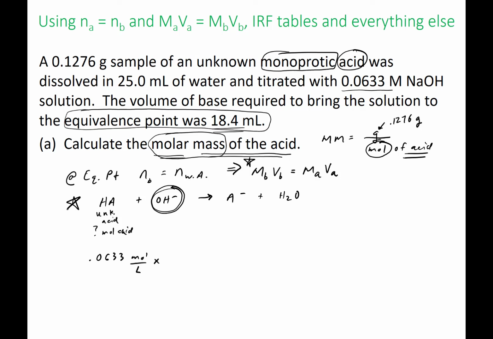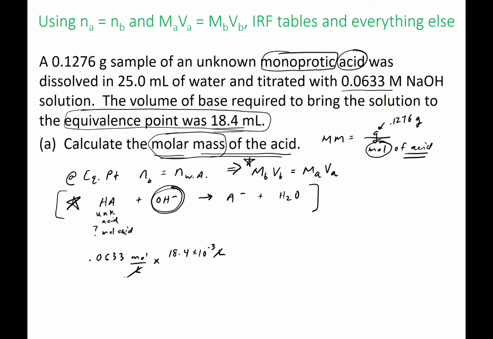Then you could figure out the equivalence point of each individual proton. So it's much more useful to write out the reaction and do it the stoichiometric way. So this is times 18.4 times 10 to the negative third liters.